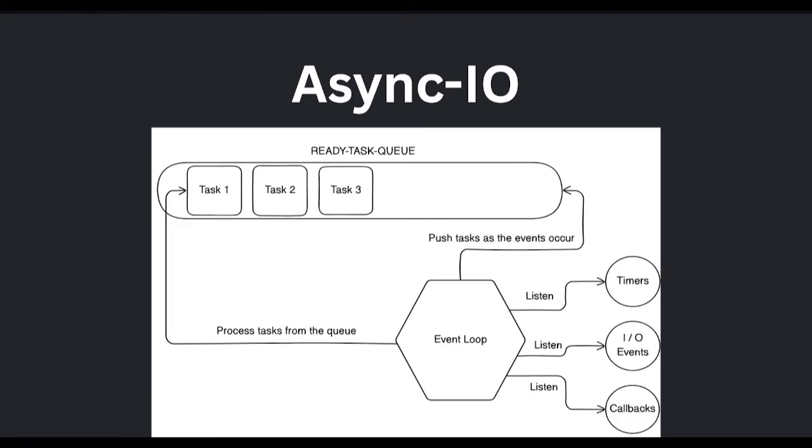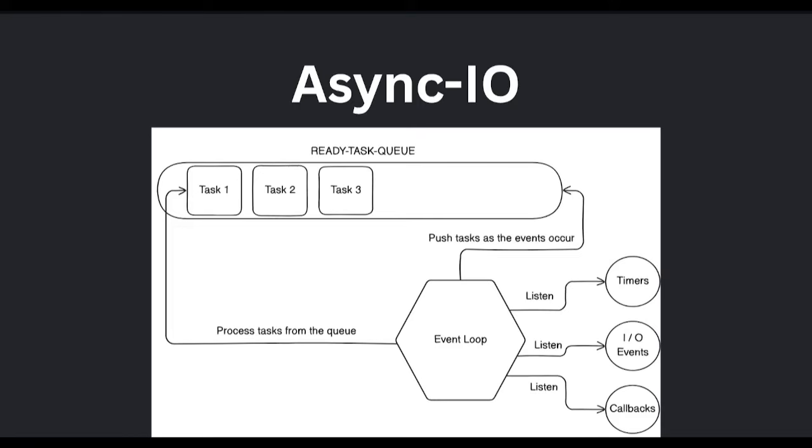The event loop picks the tasks from the ready queue in FIFO order, first in, first out order, and hands control over to the first task it picks from the queue. Now, what happens?